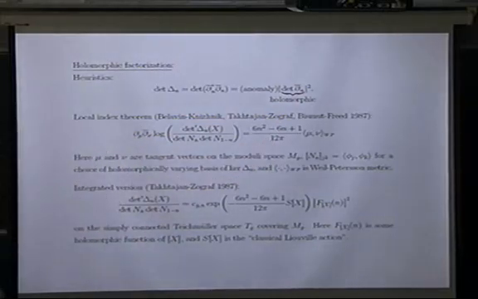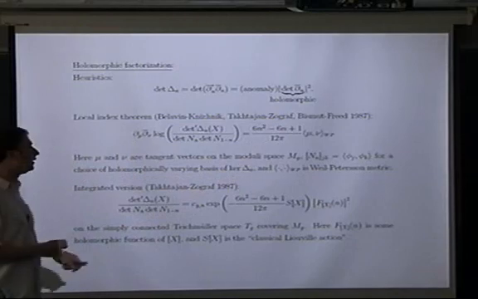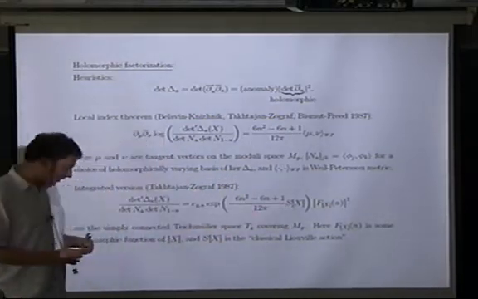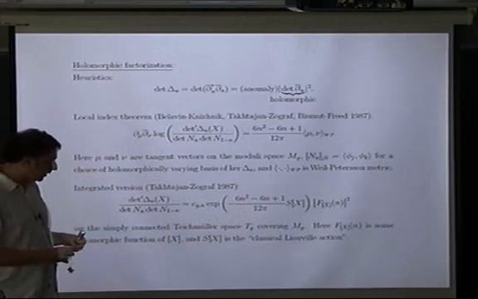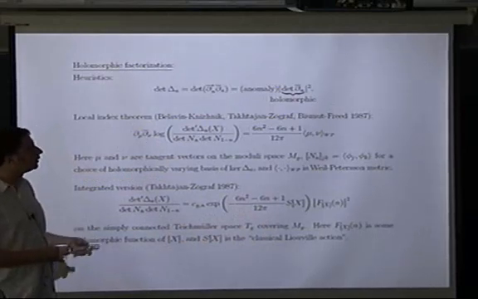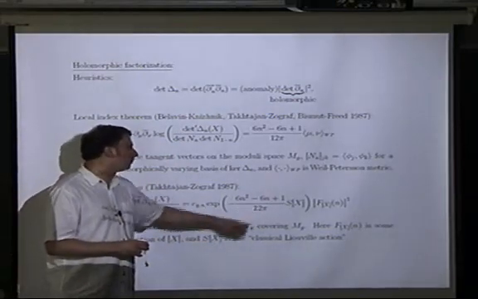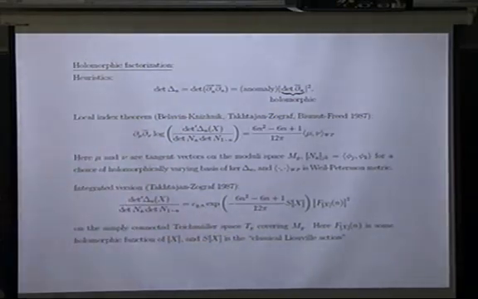So again, the holomorphic anomaly is a Kähler potential for the Weil-Petersson metric on the Teichmüller space times some Bernoulli polynomial.